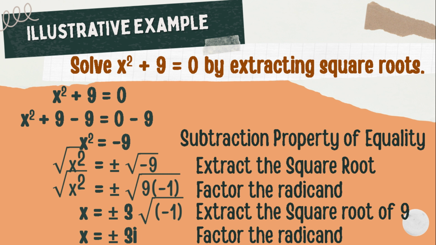So you can rewrite square root of negative 9 as square root of 9 times square root of negative 1, which simplifies to 3i. Therefore, the solutions to the equation are x is equal to 3i and x is equal to negative 3i.